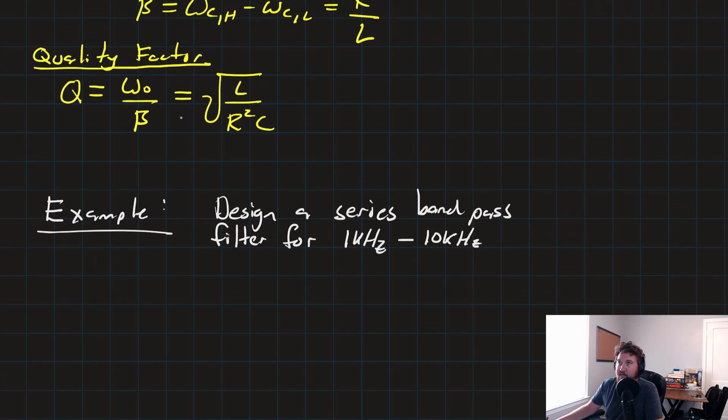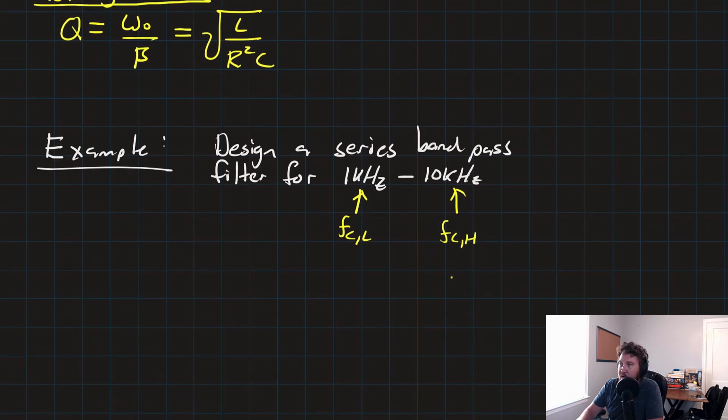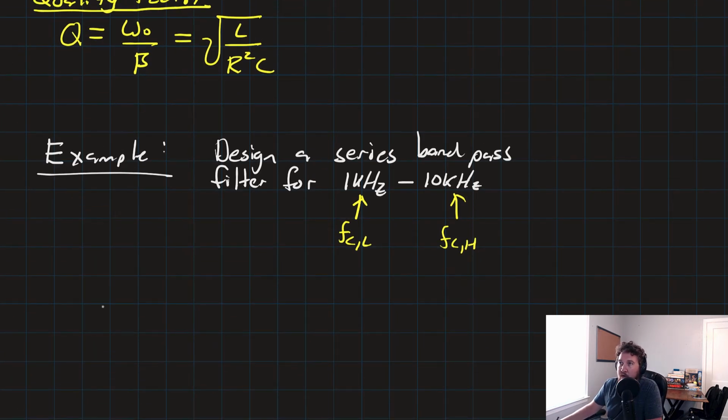The first thing we need to do is reconcile the fact that all of our equations are given in radians per second, but our design prompt was given to us in hertz. So this 1 kilohertz is the cutoff frequency on the low side, and this 10 kilohertz is the cutoff frequency on the high side. We need to convert those into radians per second.